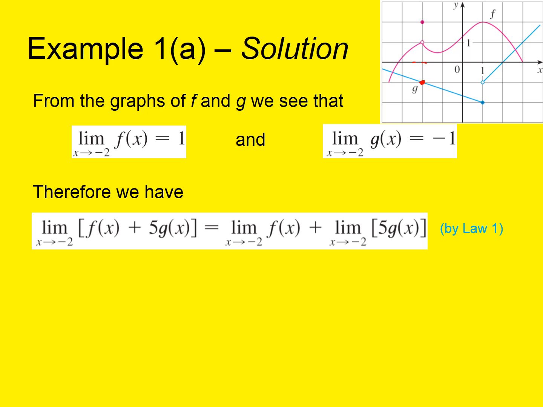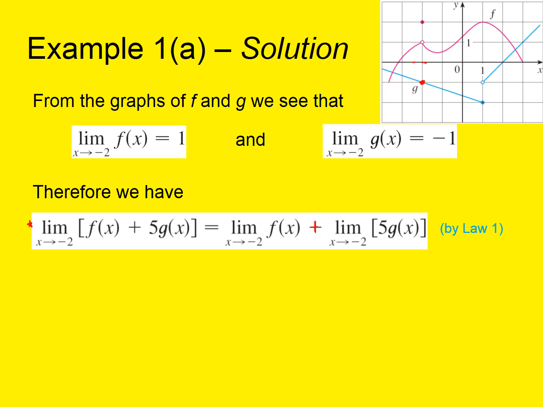We get an answer for this problem, the limit as x goes to -2 of the sum of f of x and 5 times g of x. Using the limit laws, the limit of a sum is the sum of the limits, so we break up the limit that way. Now we have two limits.